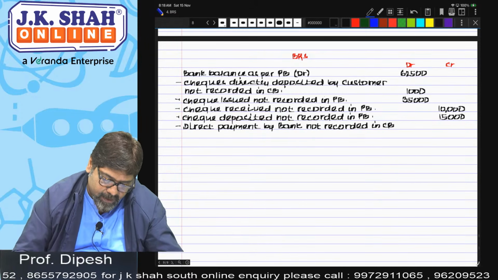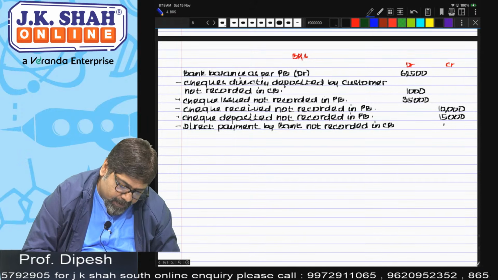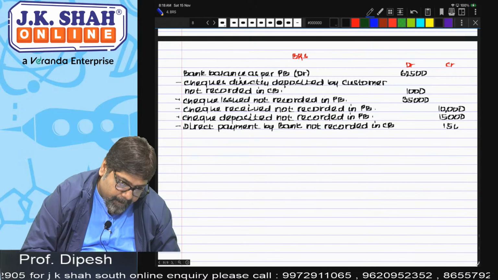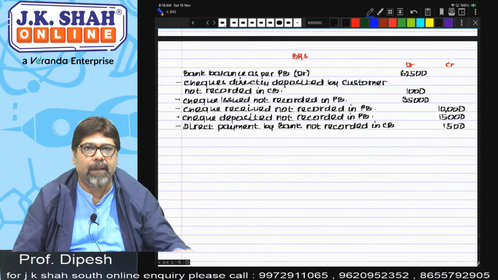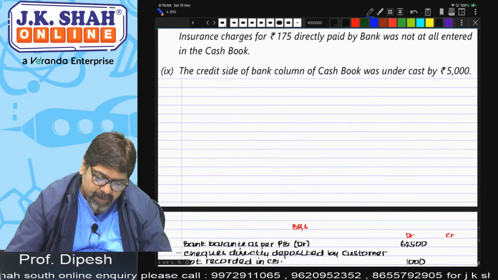How much? 1,500. Payment in cash book will come on credit side. Correct? Yes, sir.